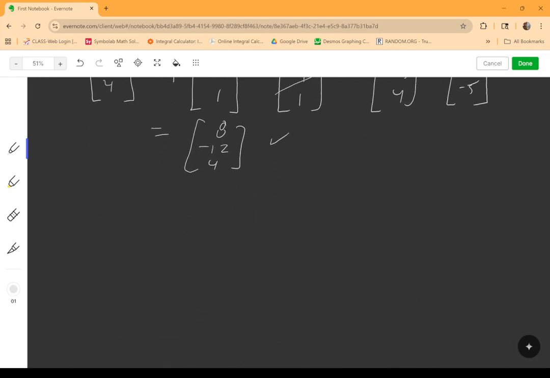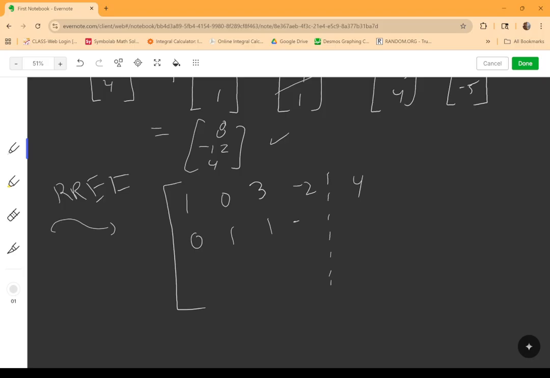Now, let's say that I take that system and put it in reduced row echelon form. As it turns out, this is the system that we worked on in the previous video. So it reduces to this matrix here, with entries -3, 0, and then 0, 0, 0, 0, 0.